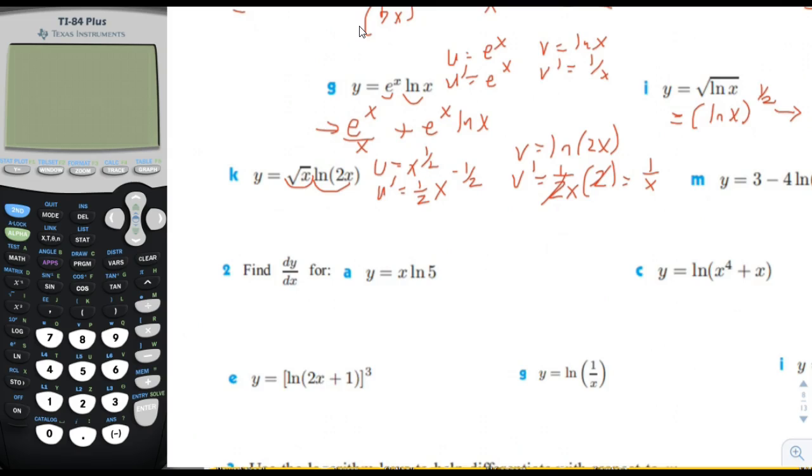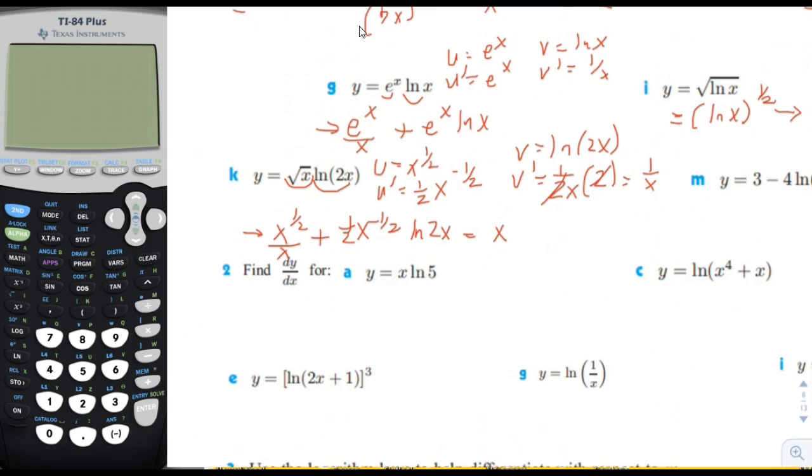Okay, so now the product rule tells us that we're going to put x to the 1/2, which is u, multiply it times v dashed, which is 1 over x, add that to u dashed, which is 1/2 x to the negative 1/2, multiply that times v, which is natural log of 2x. And so that simplifies a little bit.